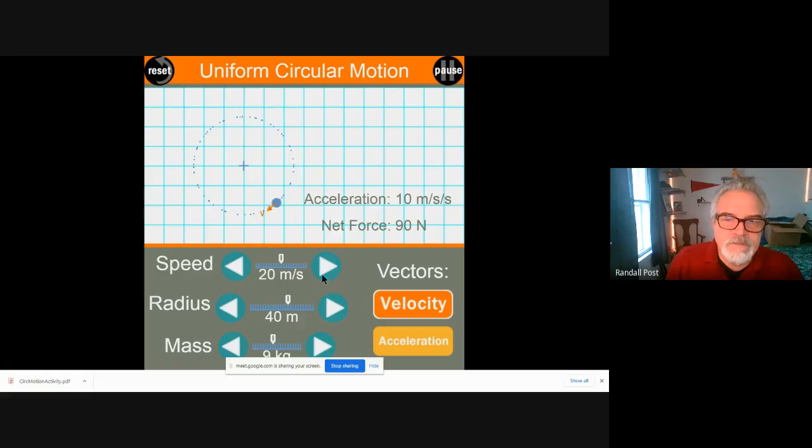We already know the speed, but notice the direction at any given moment. I'm going to pause it. See? It's like the people in a circle. If you are going to be moving, you're going to be stepping to your side at that moment. And the faster you are speeding, the bigger this velocity vector.